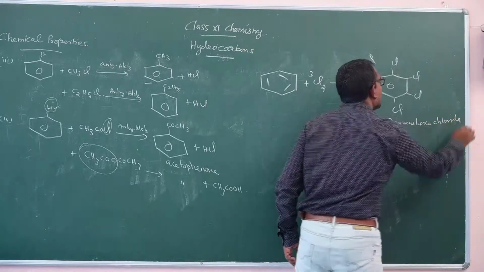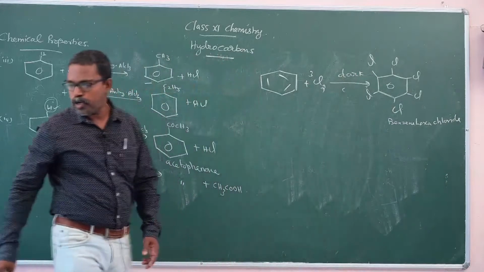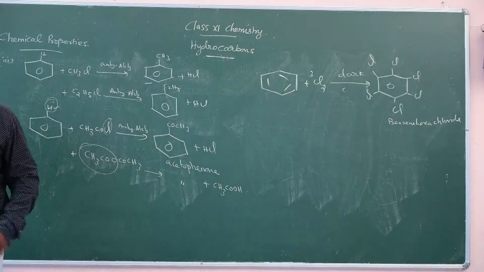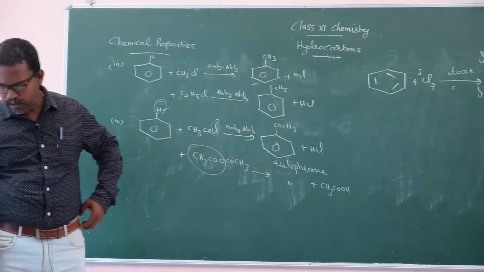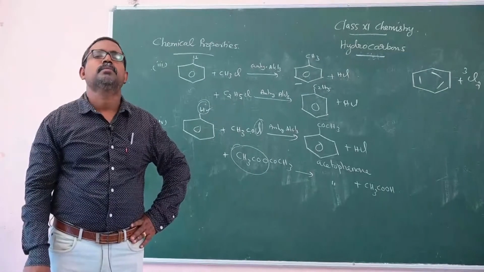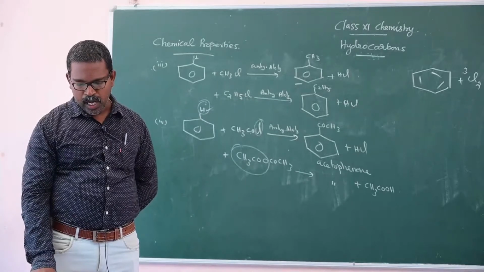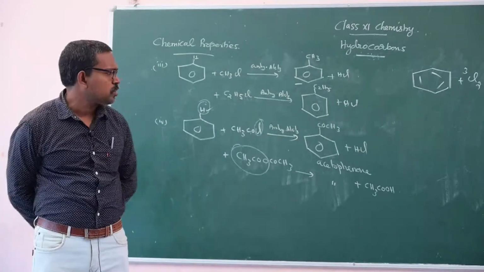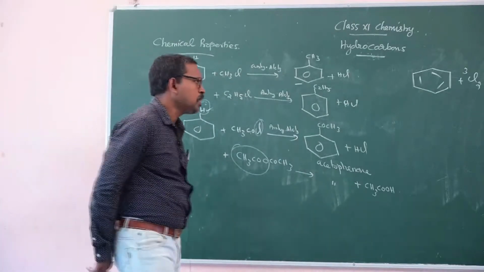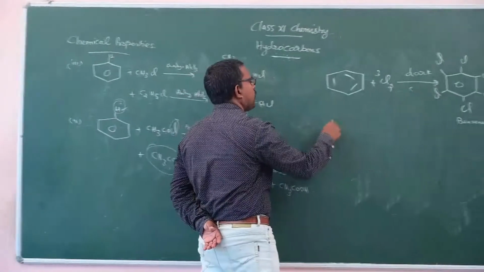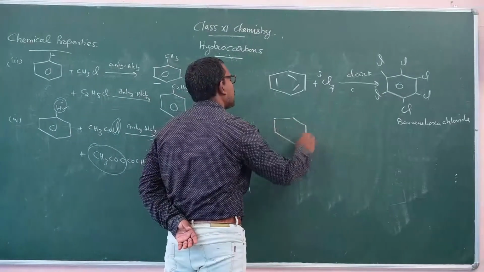So these are the normal chemical reactions, especially substitution reactions that take place in the benzene ring, and some addition reactions also take place, because it consists of three unsaturated pi bonds.